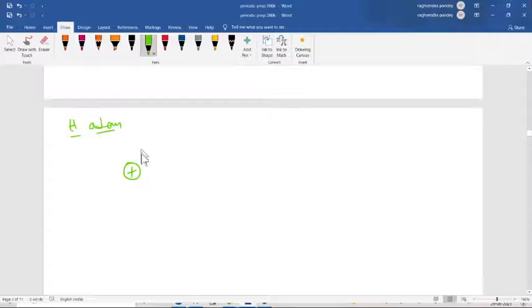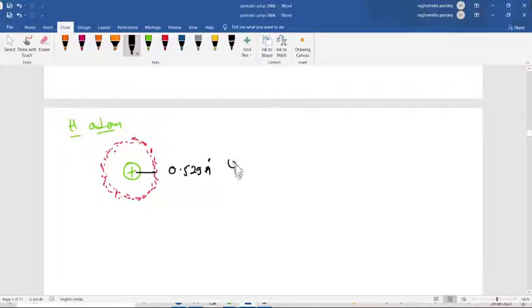The maximum probability of finding the electron is at a radius of 0.529 angstrom. Psi square is maximum there, but that is not the exact radius.